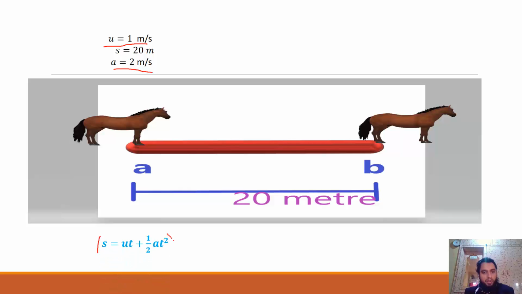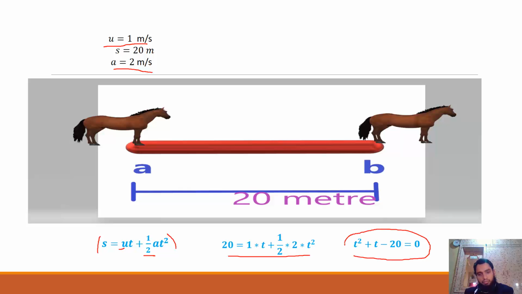Here, by putting the values of displacement, initial velocity, and acceleration, we will end up with this equation. And simplifying this equation, this is a quadratic equation. So now, to find the time taken by the horse to move from A to B with a constant acceleration, having some initial velocity at A, we end up solving a quadratic equation.